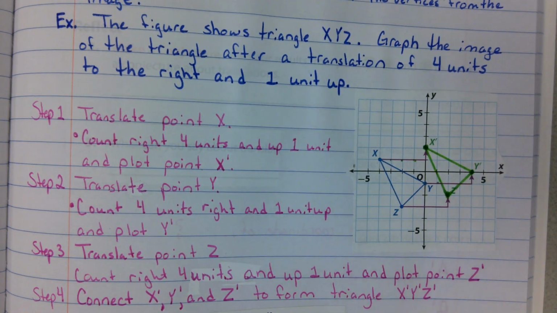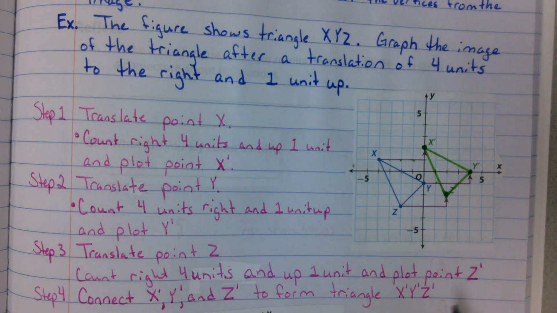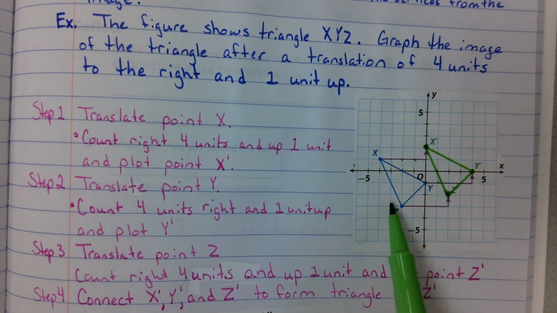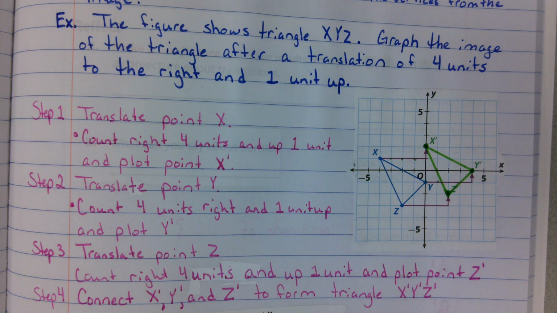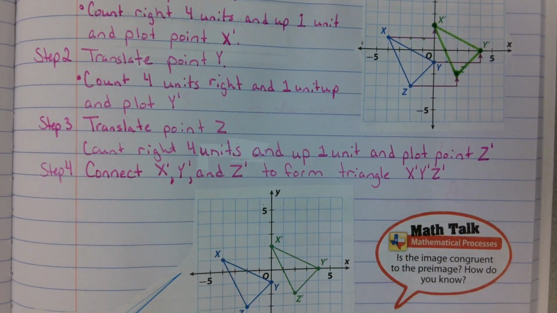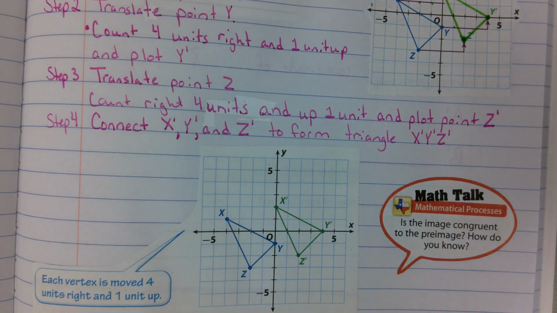All right, so we've got our new triangle or our image. So pre-image, there's our image. So here, each vertex is moved 4 units to the right and 1 unit up.